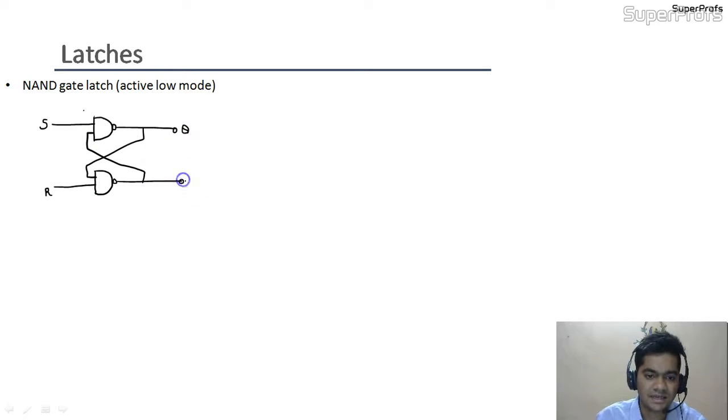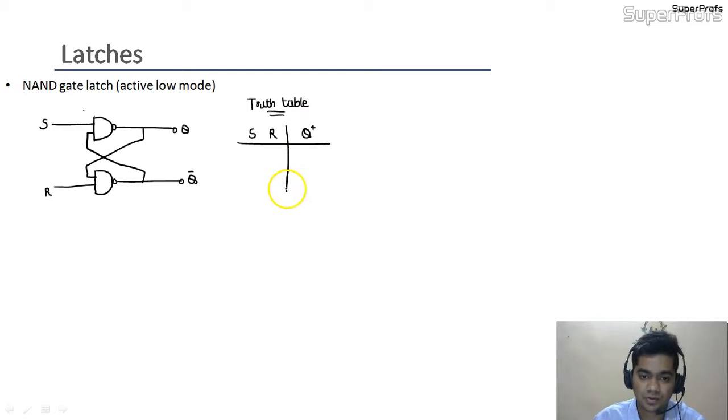We are representing it with Q and Q bar. So we have marked this Q and Q bar. The NAND gate will not understand what we are taking from outside, so we also should write the truth table for this circuit. There are two inputs, S and R, and we are taking output Q plus. Q plus stands for the next output.